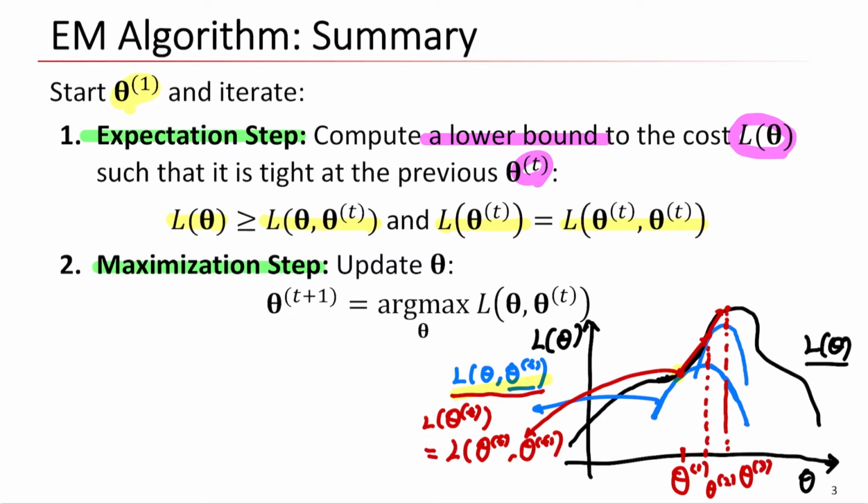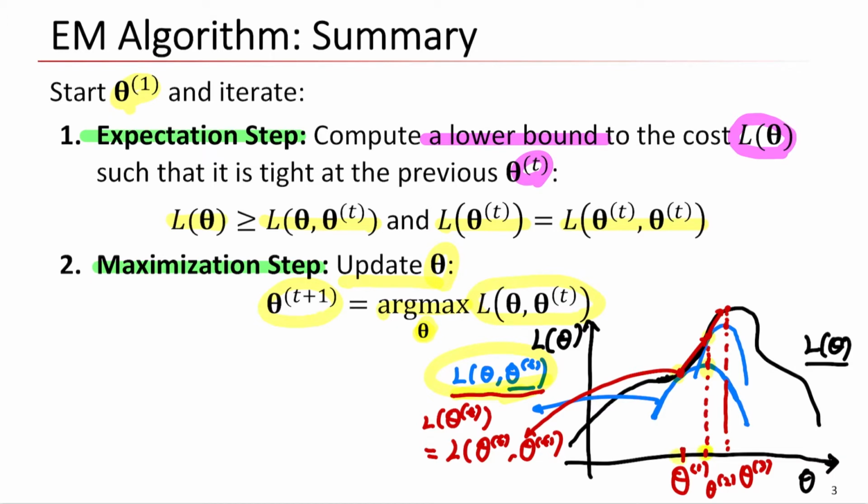Then in the maximization step, we update the theta, something like this. Find the argmax in terms of theta by maximizing this sub loss function here. So this will be the new theta.